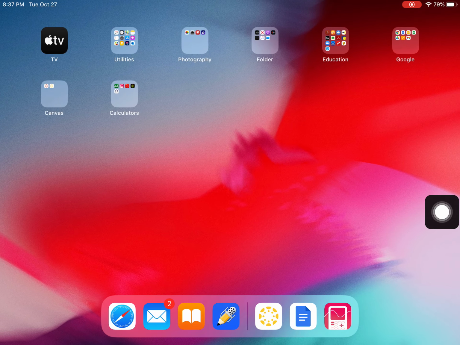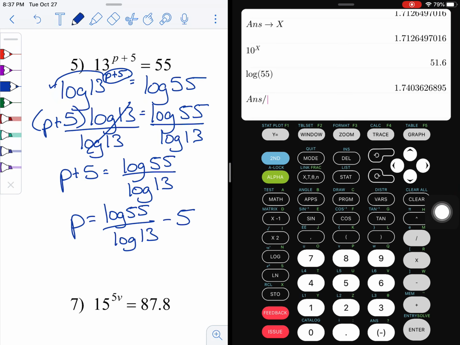It'll take your last answer and just continue working with it. So now we're going to put in log of 13. So log 13, go ahead and hit enter again. And now I'm going to subtract 5. So you can absolutely take this apart in pieces if you think that's better for you, with whatever you know how to use for your calculator. If you know how to do it all together, do it all together.